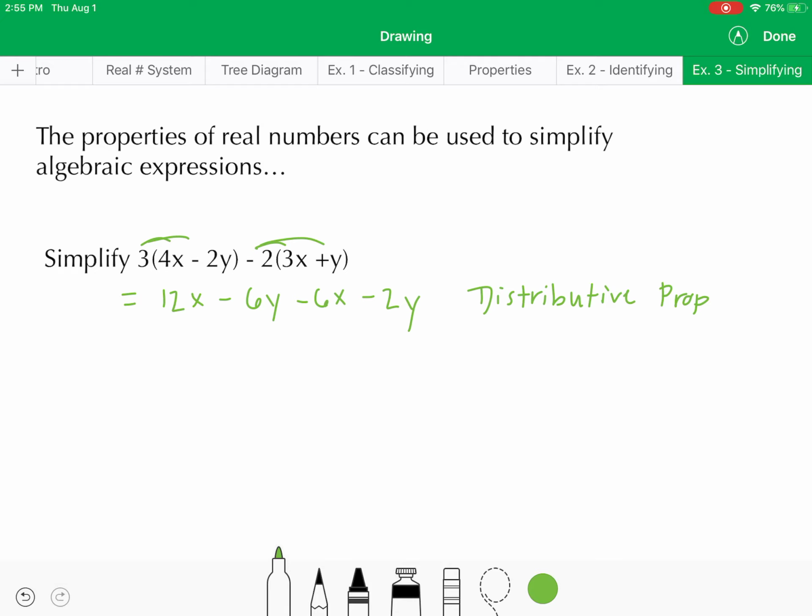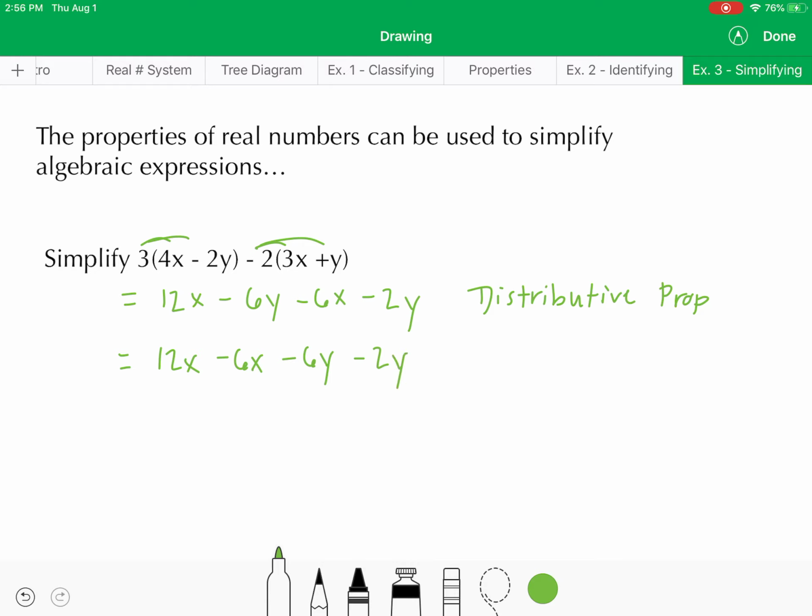All right, now I am going to do a little bit of rearranging here. I'm going to take and group the terms that have x with them together and those that have y together. So let's make this 12x minus 6x followed by negative 6y minus 2y.